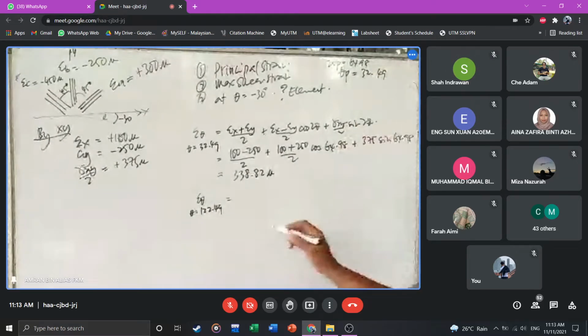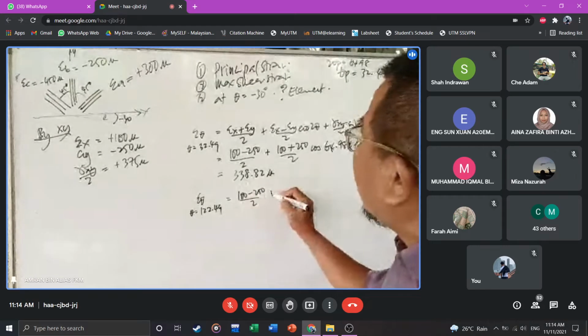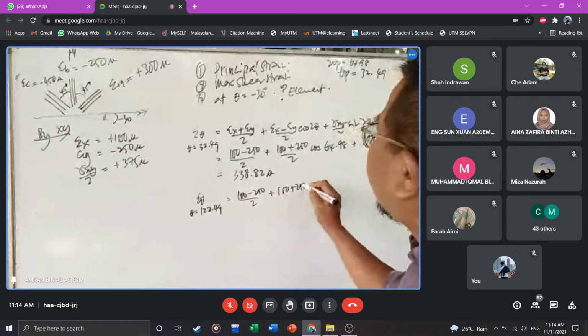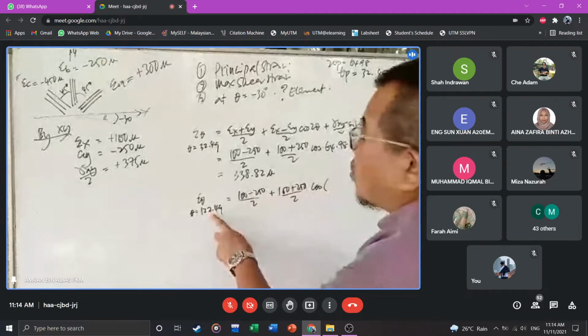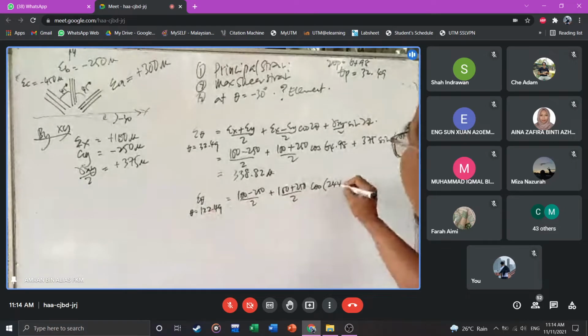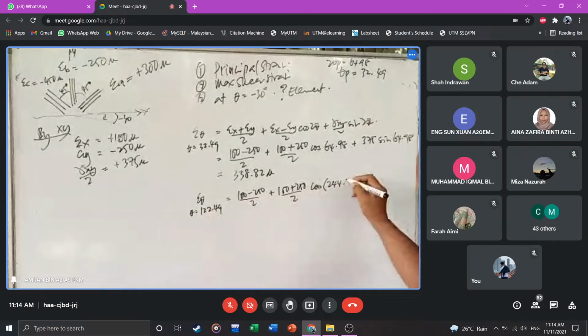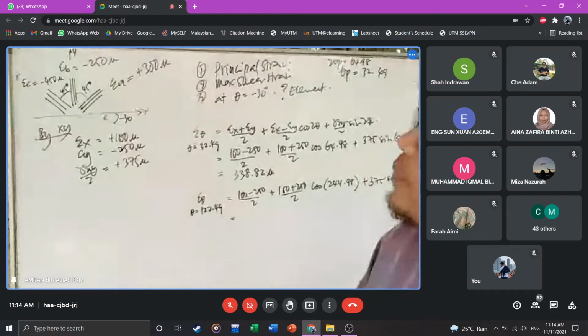Same thing here: 100 minus 250 divided by 2, plus 100 plus 250 divided by 2 cos 2 theta. 2 theta is 244.98, plus 375 sine 244.98. Okay, what is the value there?